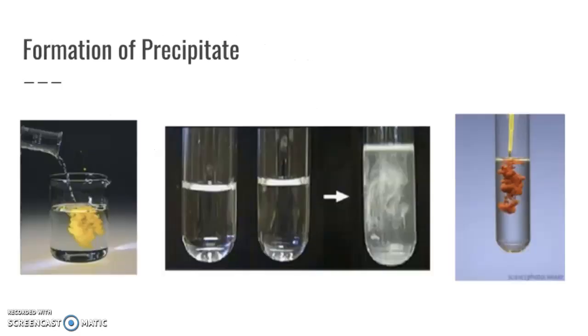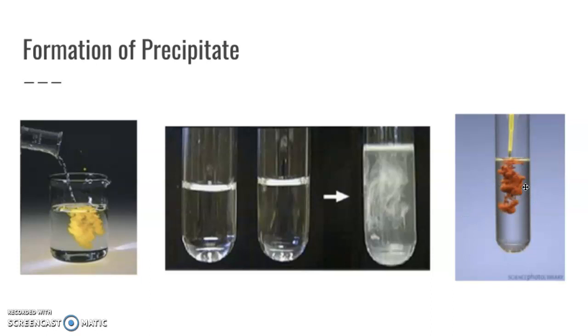So this is what formation of a precipitate looks like. Right over here, we have a colorless solution. We're pouring more in, and this yellow solid starts to form. Over here, two clear liquids coming together, and this whitish cloudy solid begins to form. Over here, this reddish solid begins to form.